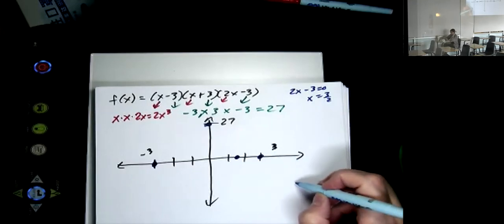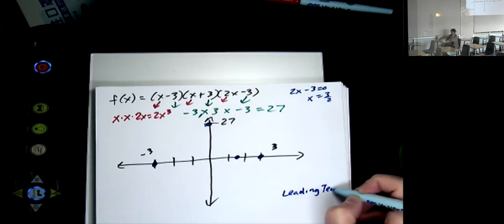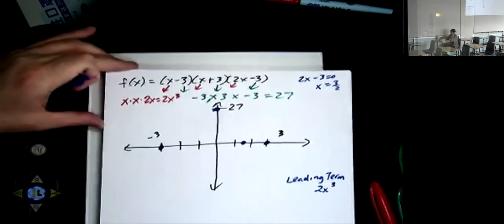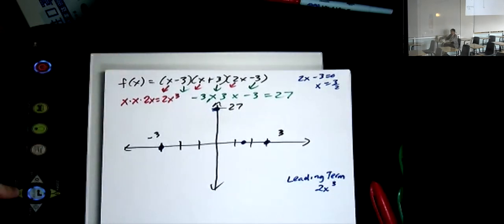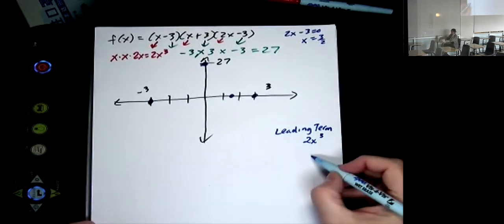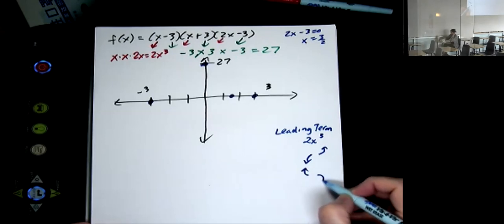My leading term was 2x cubed. So cubics either do this or they do this.